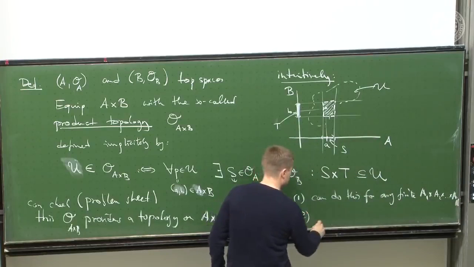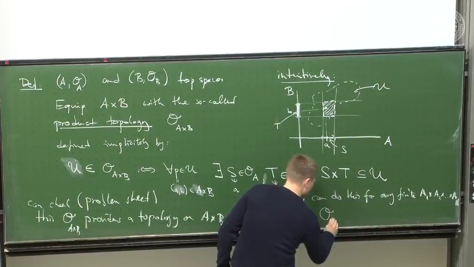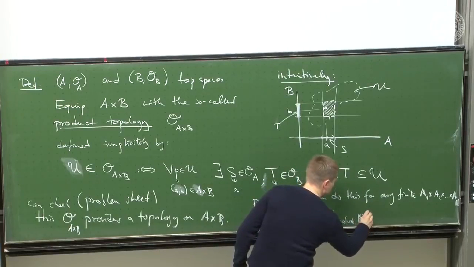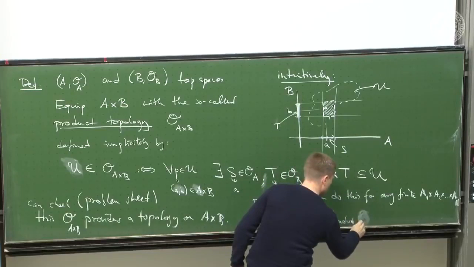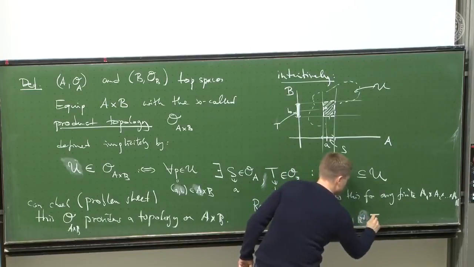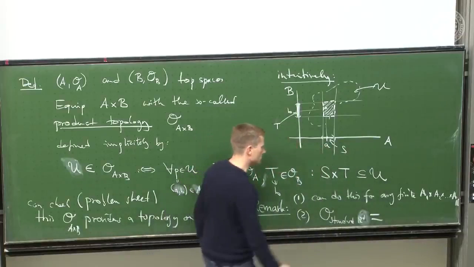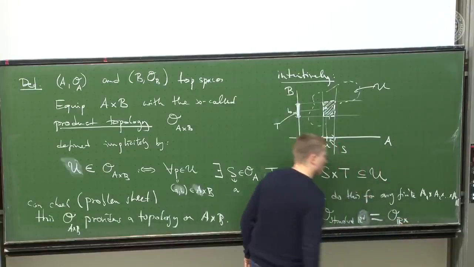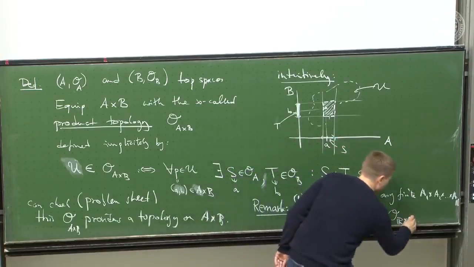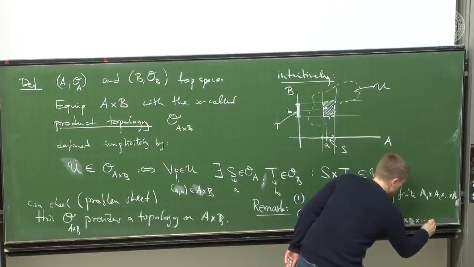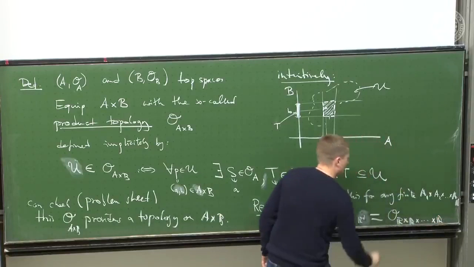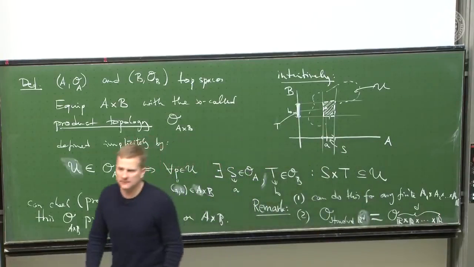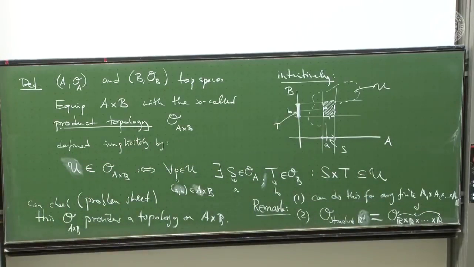And the second remark is that the standard topology, O standard, on R^d actually is the same. It doesn't matter whether you do this or whether you take the topology only on the real line and you consider the product topology of d copies of the real line equipped with the standard topology with itself.